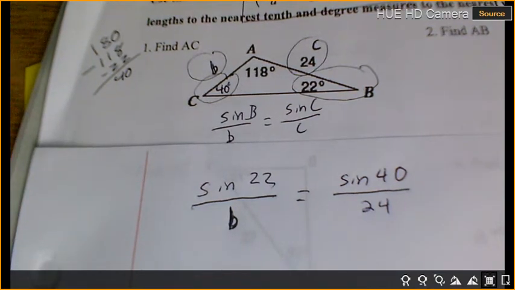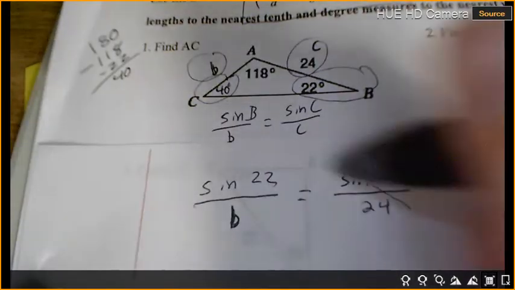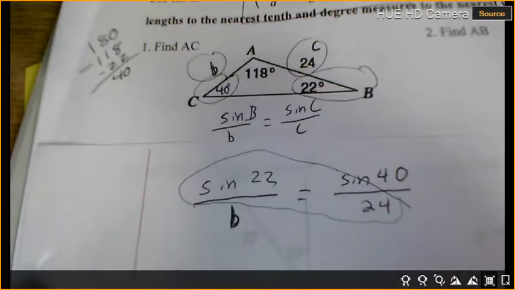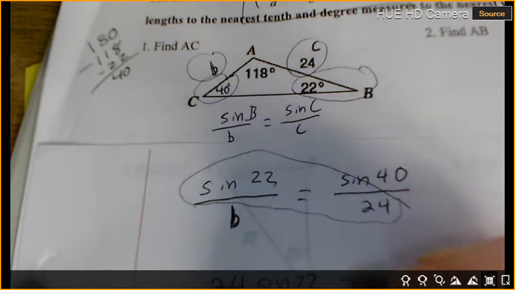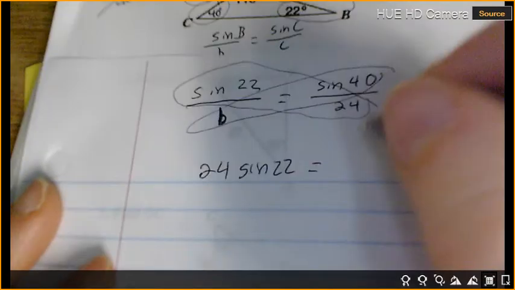I've got a fraction over a fraction, and I have one unknown under the fraction. You are going to cross multiply. I'm going to go 24 times sine of 22 equals b times sine of 40.